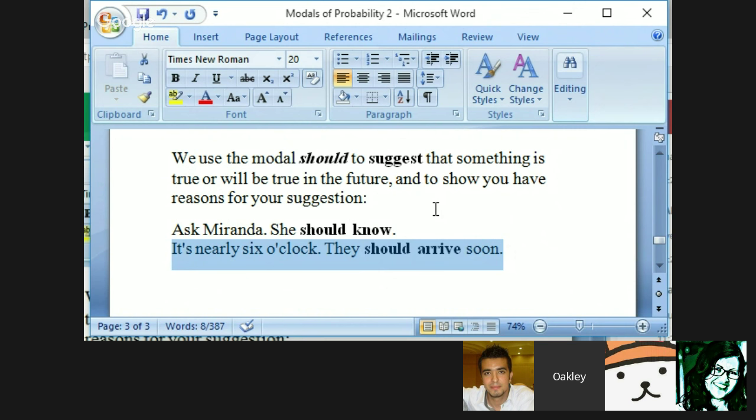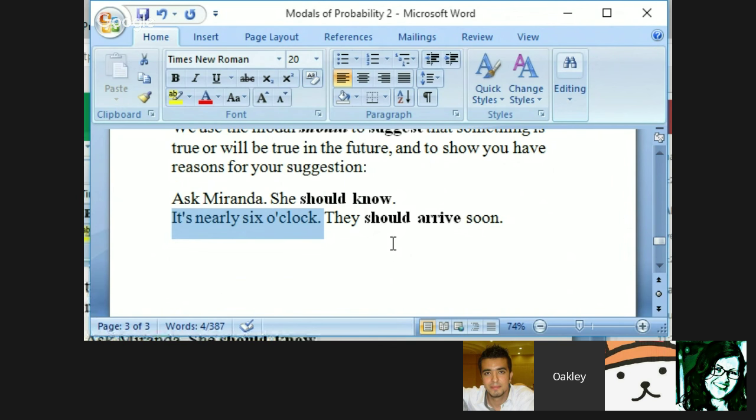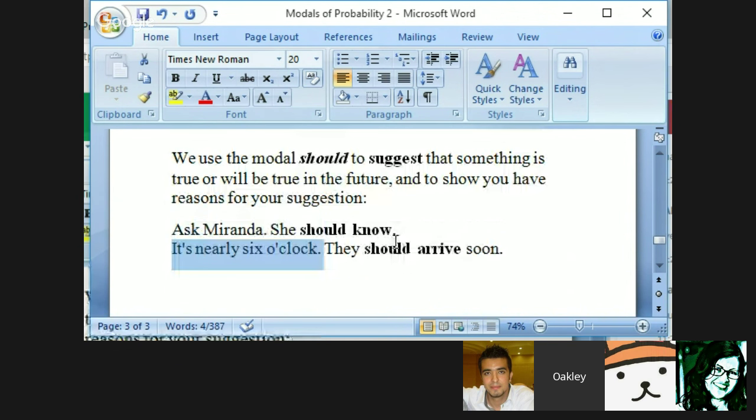It would be very common in this case to add some information to explain why, possibly. Okay, it's nearly 6 o'clock. Some extra piece of information to show why you think so. It's not necessary, but it's quite common. Any questions about using should?